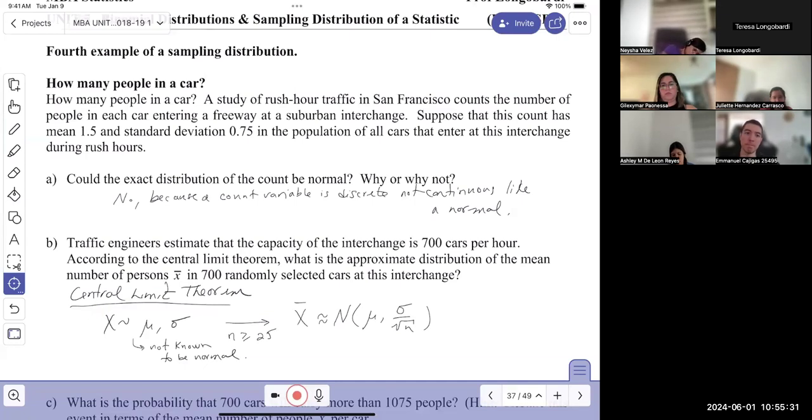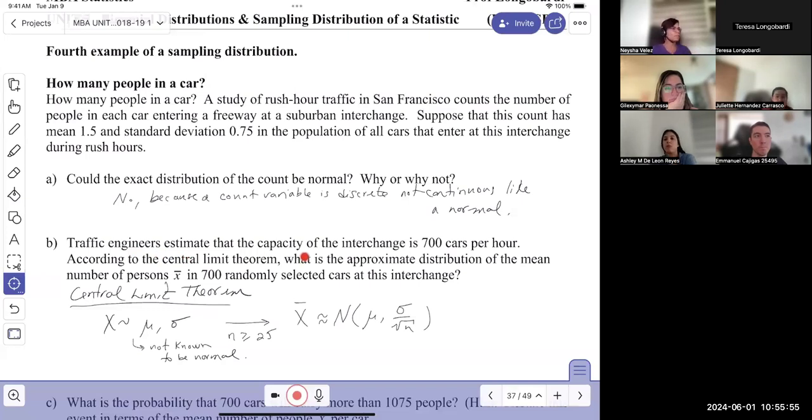These are the sample results or findings, and I want to be able to take the result I get from a sample and go back to guess in an educated way, infer, what the parameters of a distribution are. So that's what we're going to do next. But in the meantime, let's finish this.